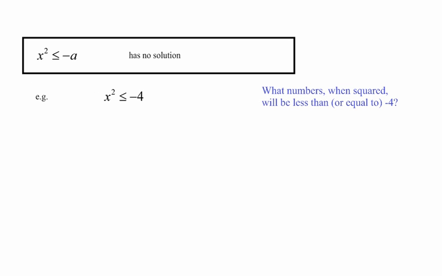What if we have x squared less than or equal to negative 8? Let's look at an example. What number, when squared, will be less than or equal to negative 4?